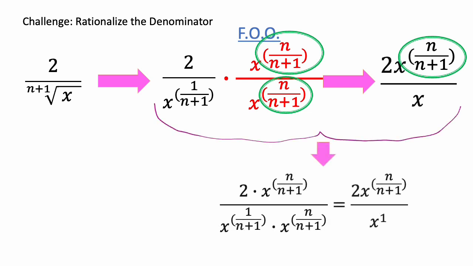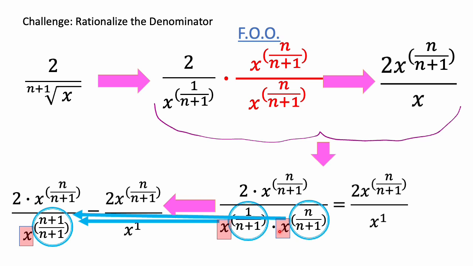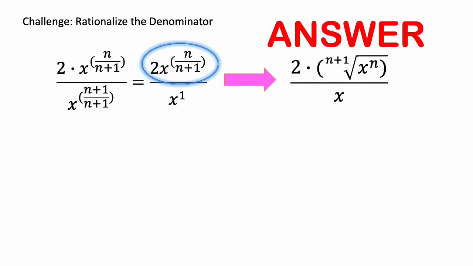To show how this works, we can take this expression and focus in, and we can see that from the rule of adding our exponents with common bases, when we have multiplication, we end up with 1 plus n over n plus 1. So we end up with n plus 1 over n plus 1, which we know n plus 1 divided by n plus 1 has to just equal 1. So that's our goal here. That's what we tried to accomplish.